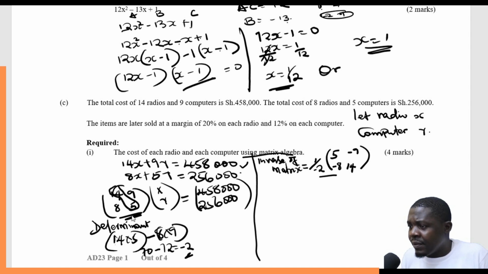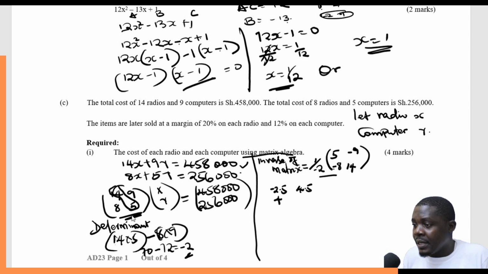Now let me simplify this particular inverse. That is 1 over negative 2 divided by that one. You are going to get negative 2.5. Then there will be positive 4.5. This divided by this, you get positive 4.